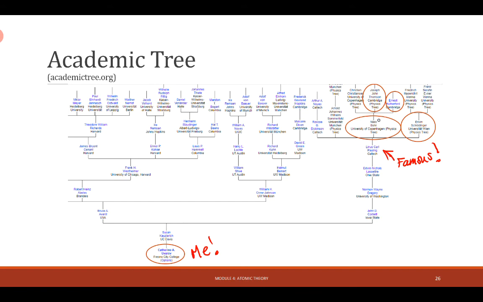Linus Pauling worked for Niels Bohr and Erwin Schrödinger, who helped develop those atomic models that we have yet to talk about. Niels Bohr in particular was connected with J.J. Thomson and Ernest Rutherford. So these are those big textbook name people that are very important in this chapter. That's 1 degree, 2, 3, 4, 5, 6 degrees of separation between me and Niels Bohr. And that would make 7 degrees of separation between you and Niels Bohr.